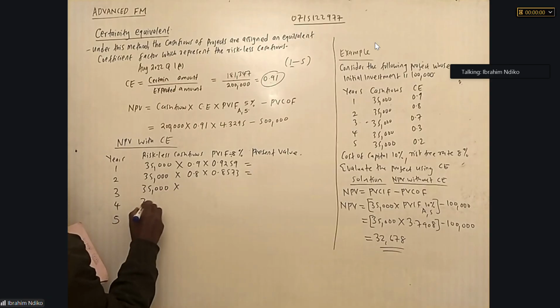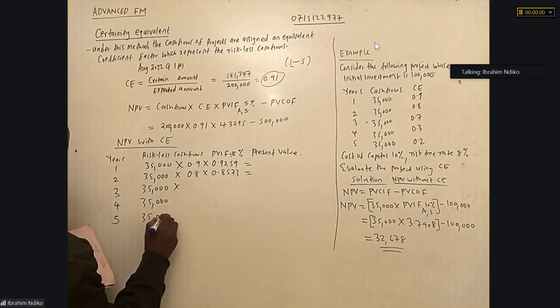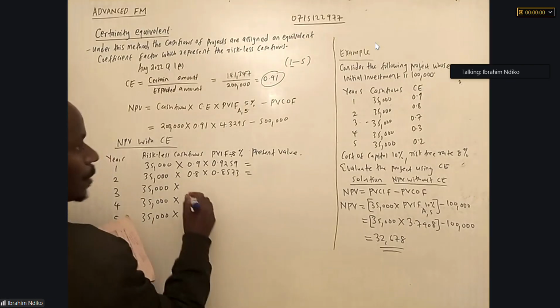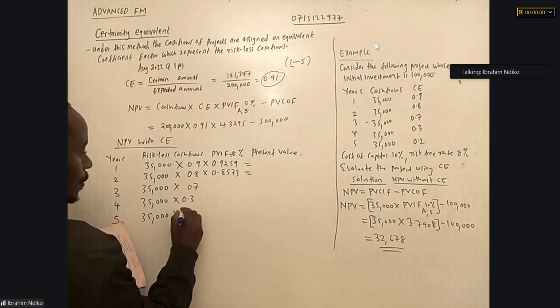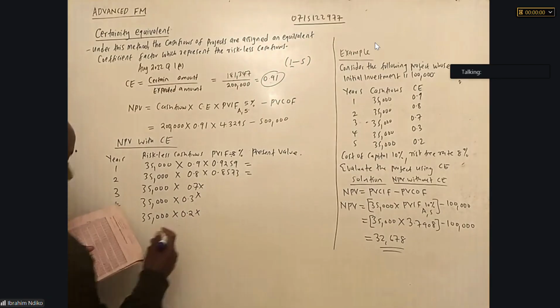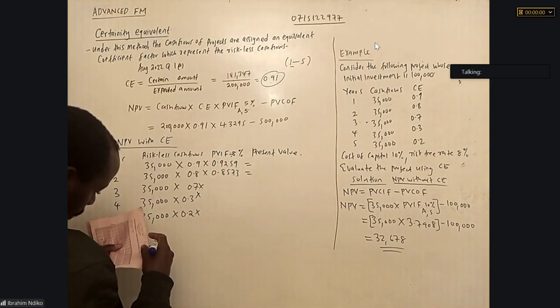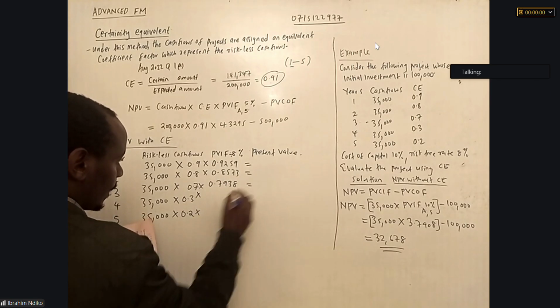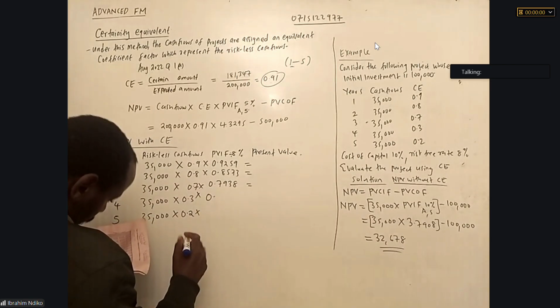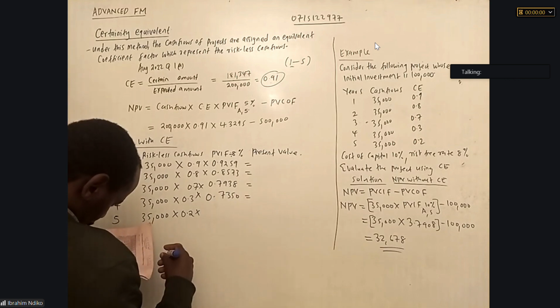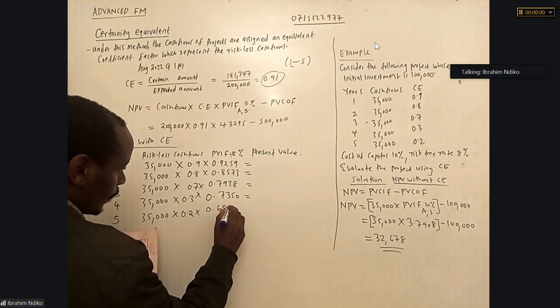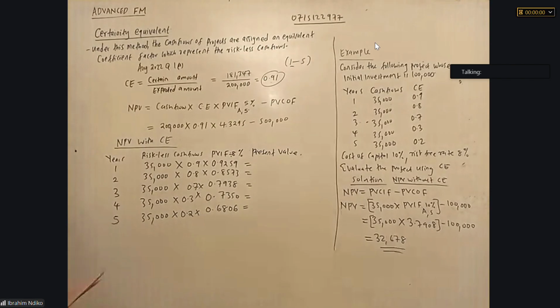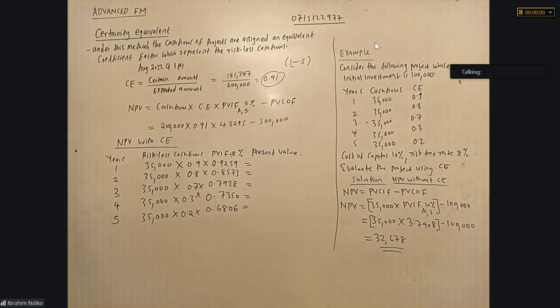35,000, 35,000, 35,000 and 0.7, 0.3, 0.2, 0.85, 0.8573, 0.79, that's it. 0.7350, 0.68, 0.6356.